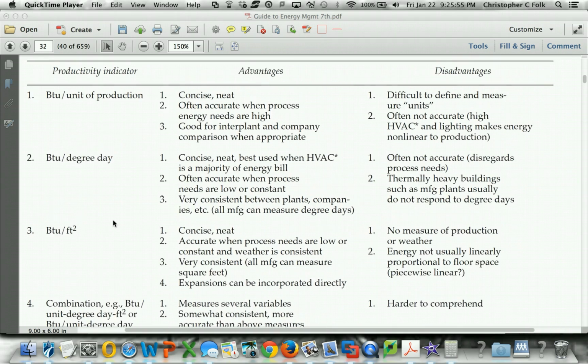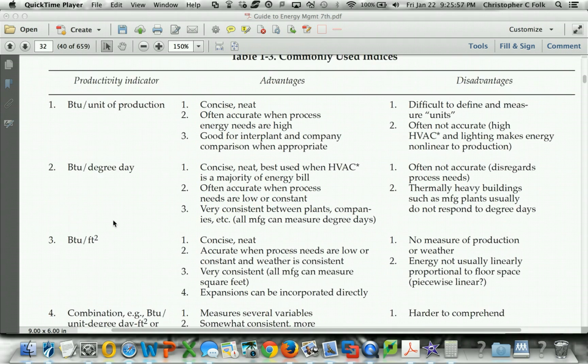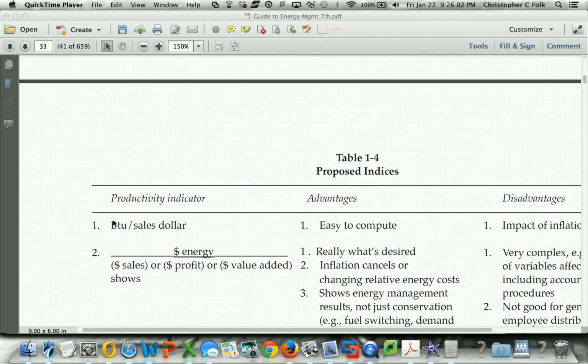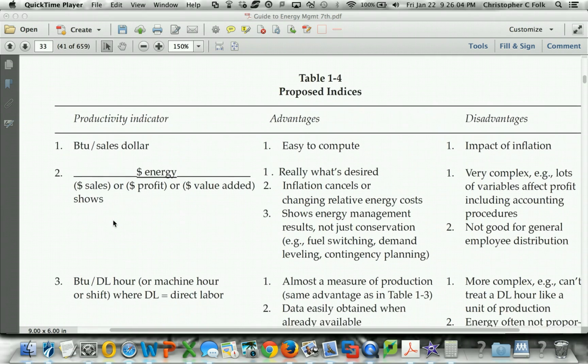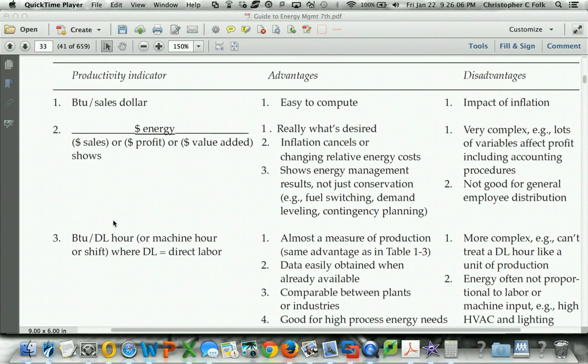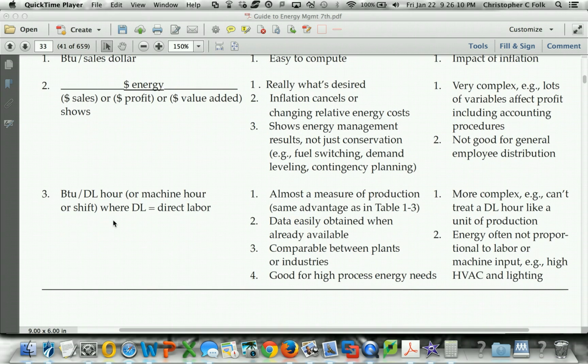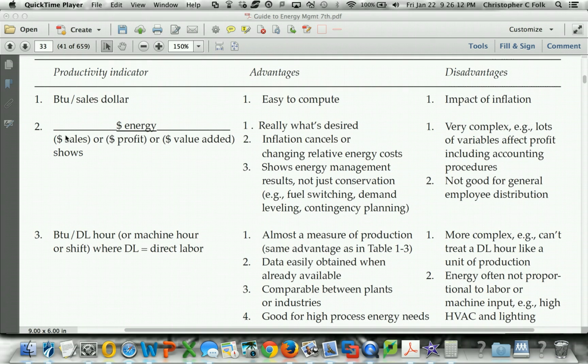So there are advantages and disadvantages pointed out on this page. On the next table, we're going to see some proposed ones, and again, the advantages of them. In this case, they compare BTU to the sales dollar, or the amount of energy, the actual cost of the energy, or finally we can calculate it towards direct labor. We could connect it to machine labor, and so forth.